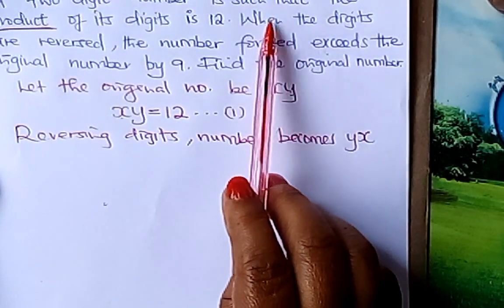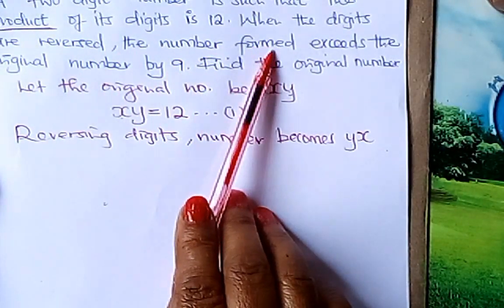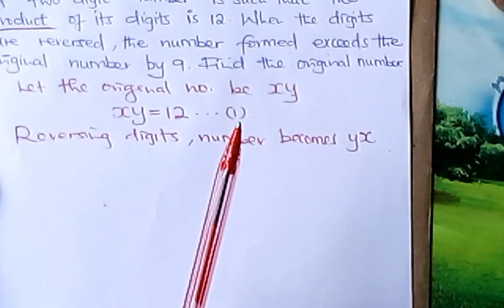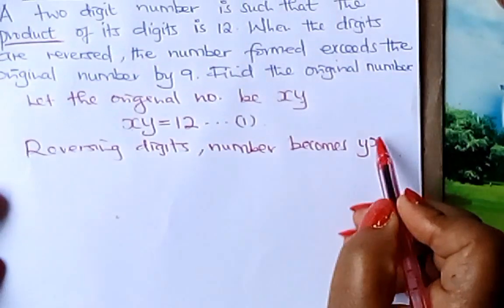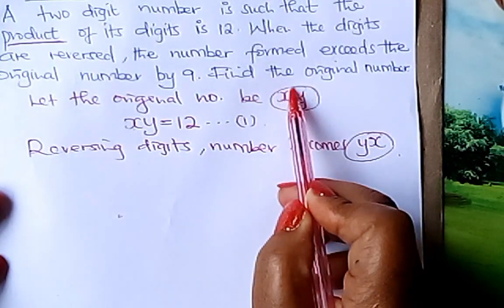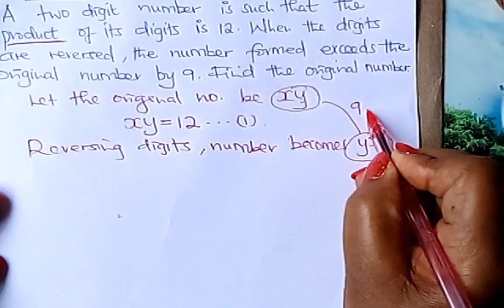And we are told that the number formed exceeds the original number by 9. The difference between these two is 9.